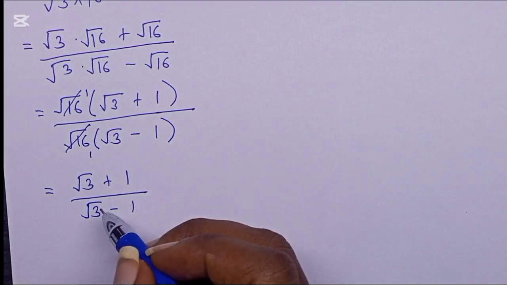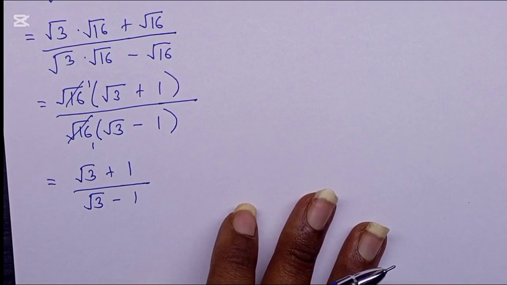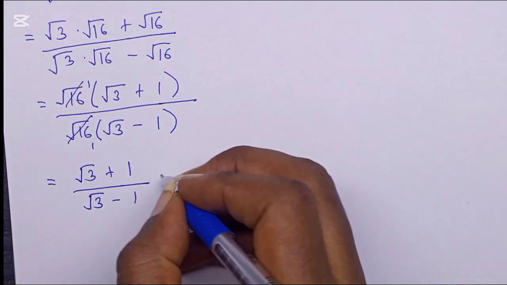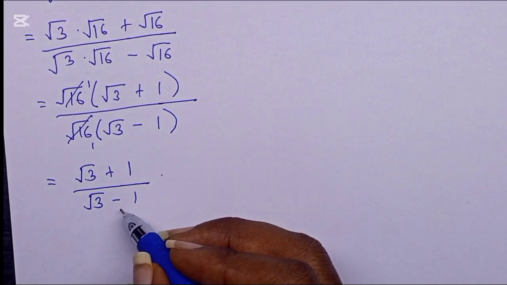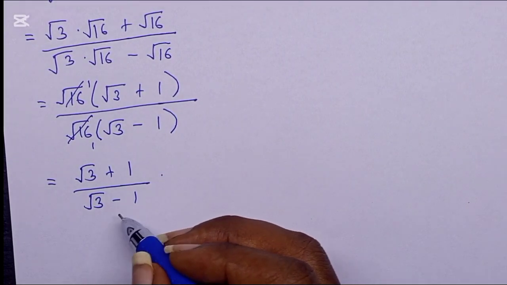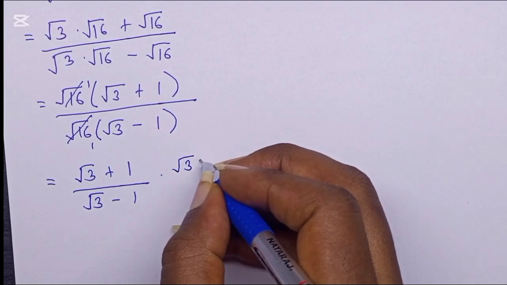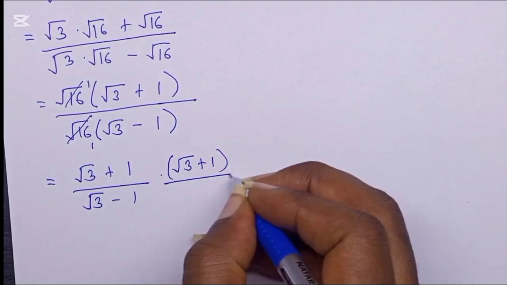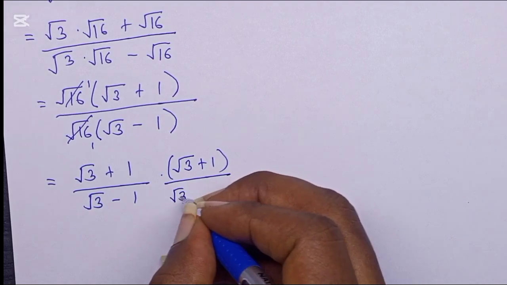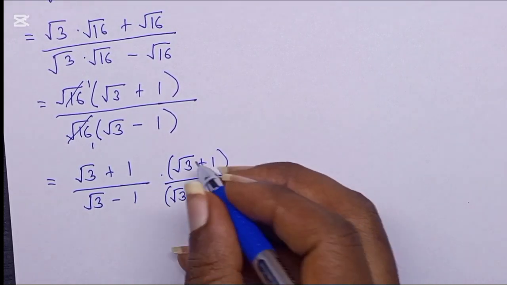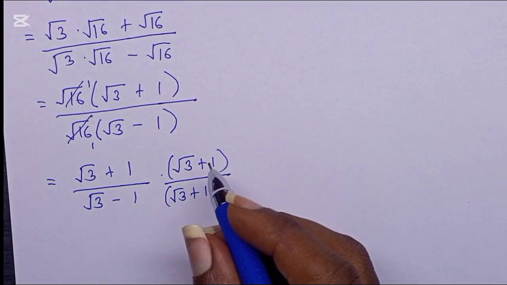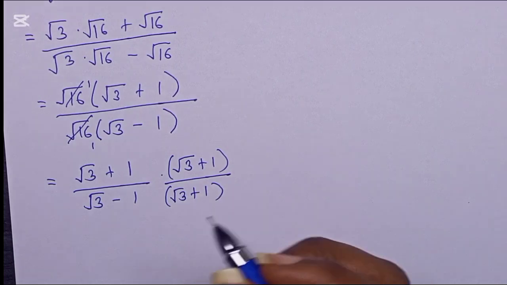Now let's rationalize the denominator. We rationalize by multiplying with the opposite root of the denominator. So here we shall have times root of 3 plus 1 over root of 3 plus 1. Multiply both the numerator and the denominator.